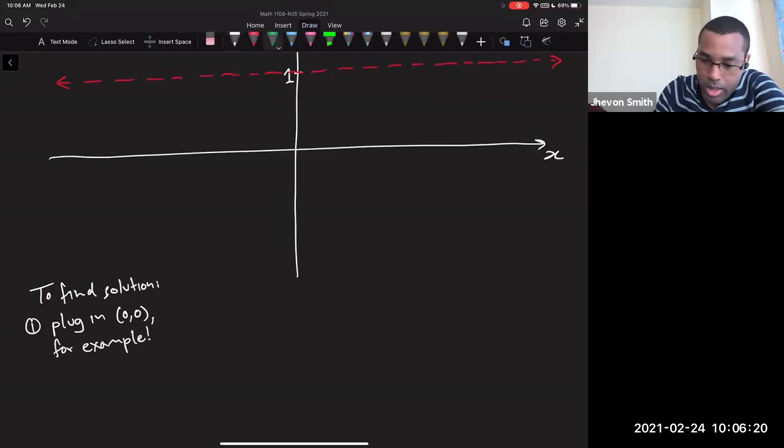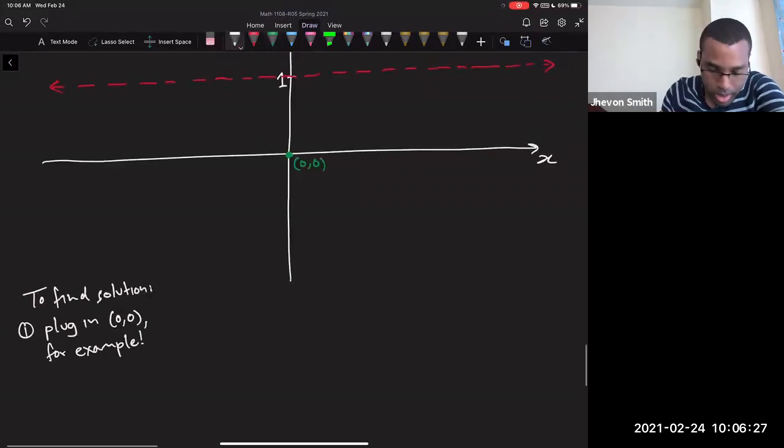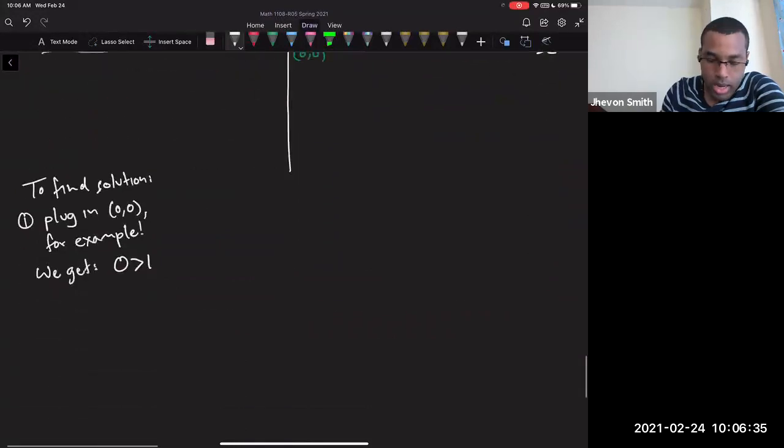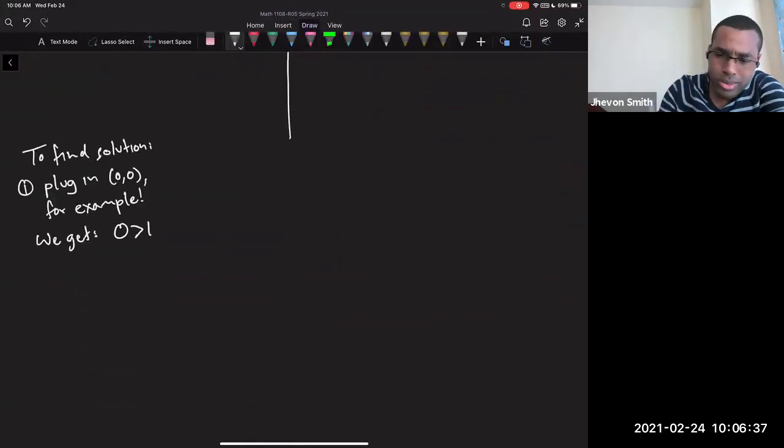So I look over here, here's the point 0, 0. I'm going to plug it in to the inequality. We get 0 is bigger than 1, right? Because I'm plugging in y equals 0. Now, that's not true.